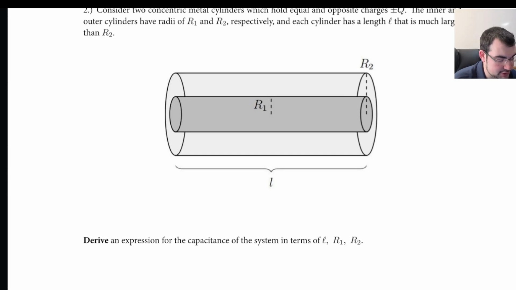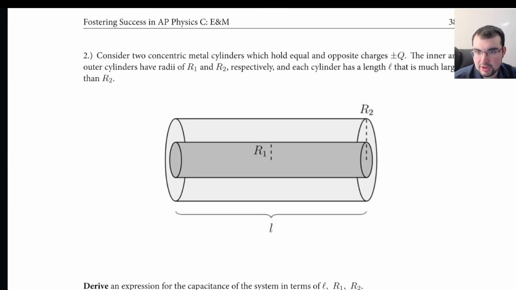So that's a sphere. Now we're going to have cylindrical. So two concentric metal cylinders have equal and opposite charges plus and minus Q. And we give their radii. So we can still use Gauss's law, because since our cylinders are conducting, this means that we know that the E field points perpendicular to the surface of these conductors.